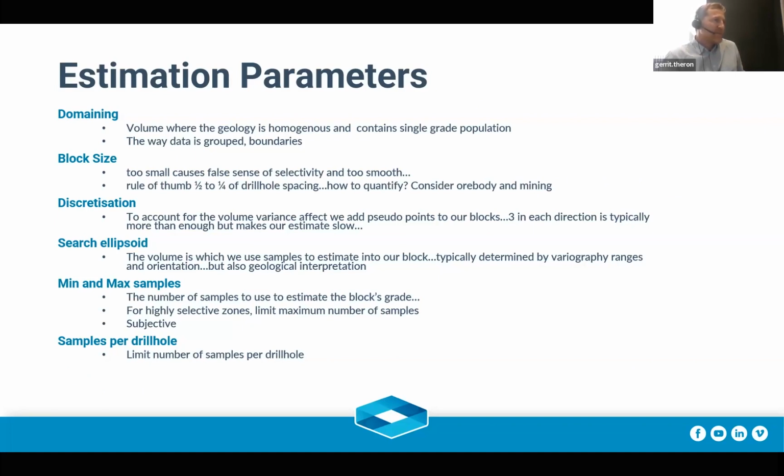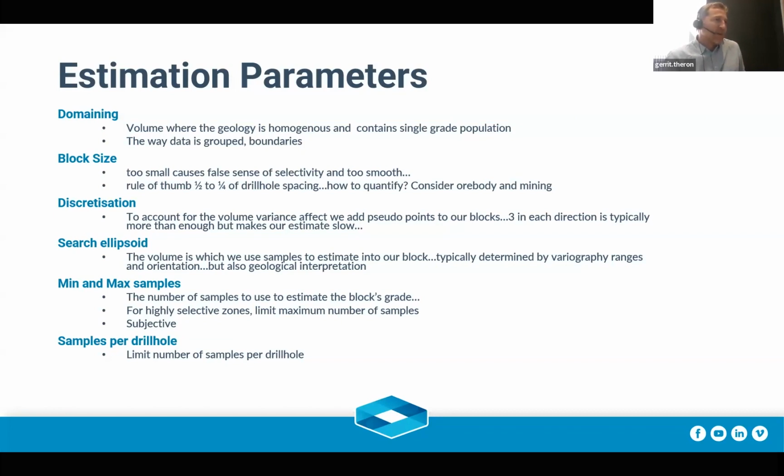Another estimation parameter is the block size. So in other words, how big are those blocks that fill up our volumes? If we get too small blocks, it will produce a false sense of selectivity, and we might get there and realize this is not exactly what we thought it might be.